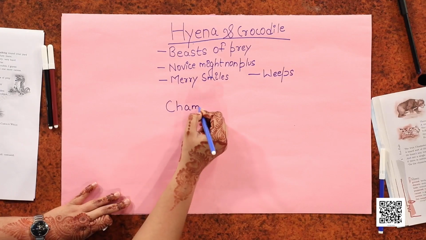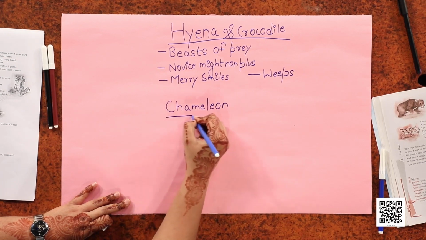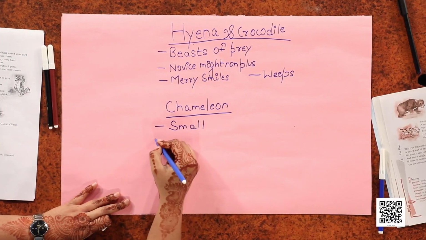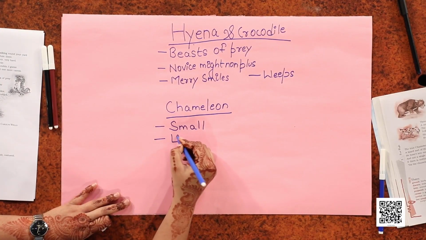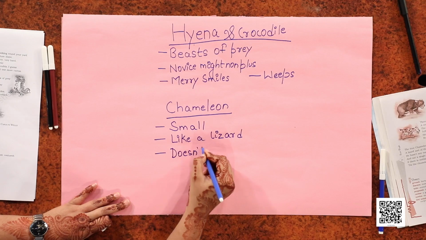Next is the chameleon. It is small. It's like a lizard. Then what it has, what it doesn't have. It doesn't have ears.